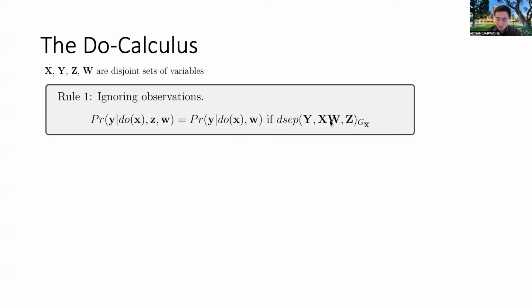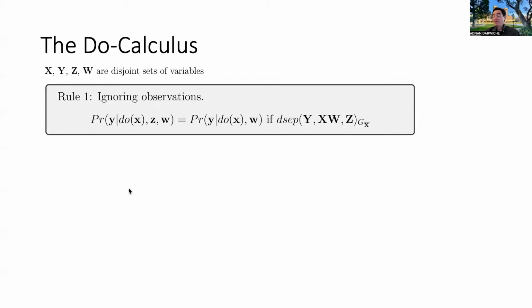The only thing that's new here for us is that the d-separation is not in the causal graph, but in a modified version of it. I'll tell you what this notation means. For now, all you need to know is it's not G, it's an alteration of G. But otherwise, you would know how to apply this because you know how d-separation works. All right? This is ignoring observations.